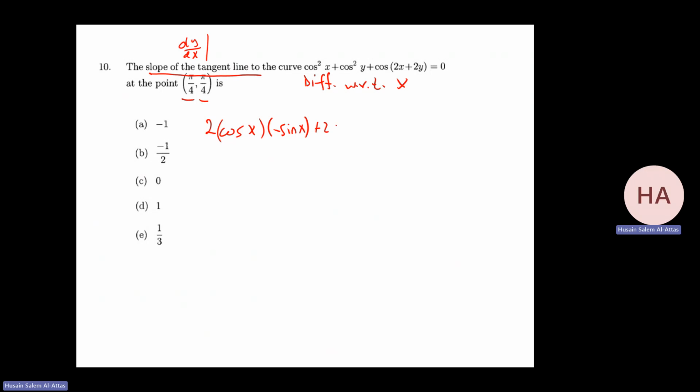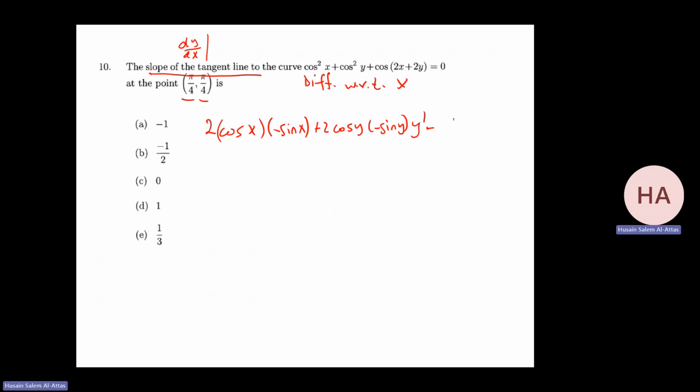Here I need y prime. Minus sine y. Don't forget the y prime. Plus. It's not plus, it's minus. That will be minus sine of 2x plus 2y times what?